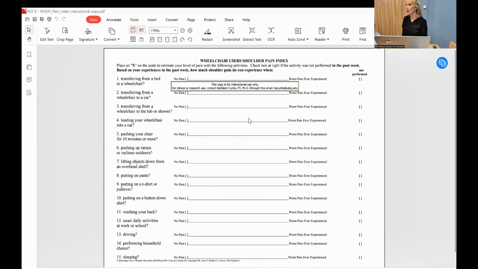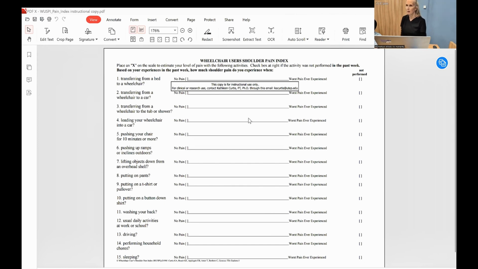There's actually a process that you have to go through to have this translated correctly. Once it's translated, then it will have to be tested for reliability and validity.